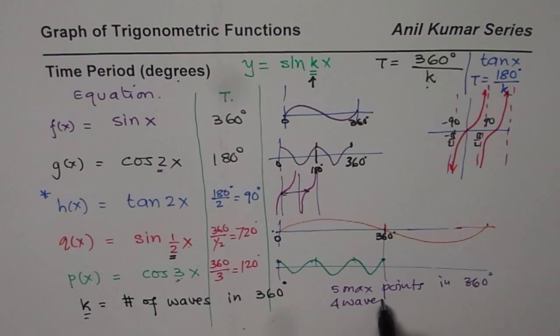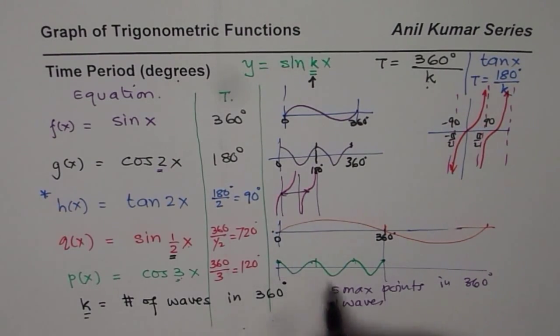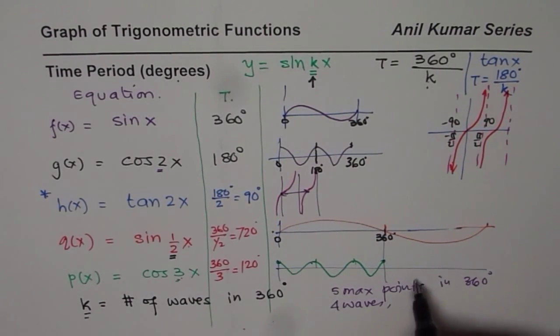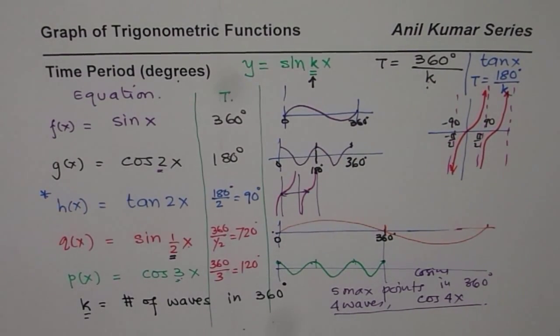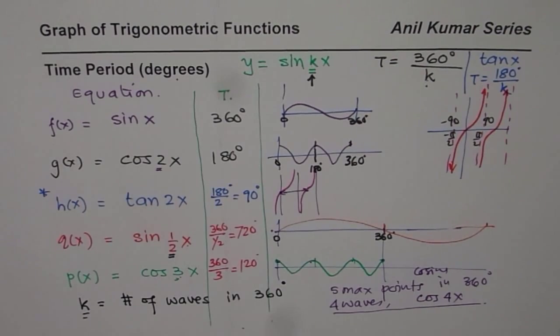Do you understand? 4 waves, this is for the cosine function, and the equation will be cos of 4x. So that is another way of looking at it, right? So I hope this concept helps you to understand and correlate time period with equation and the waves, right?